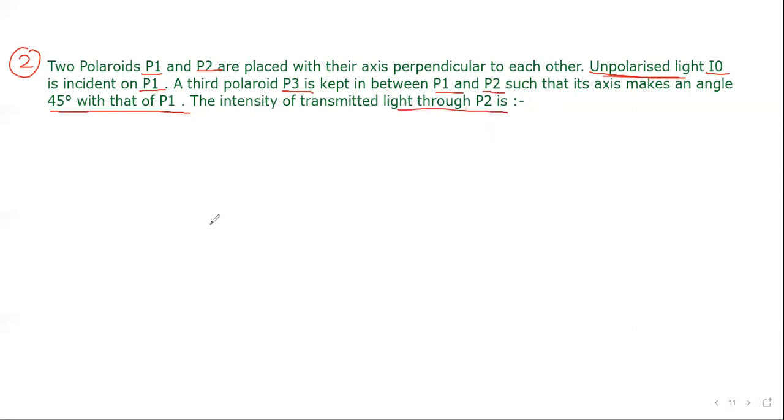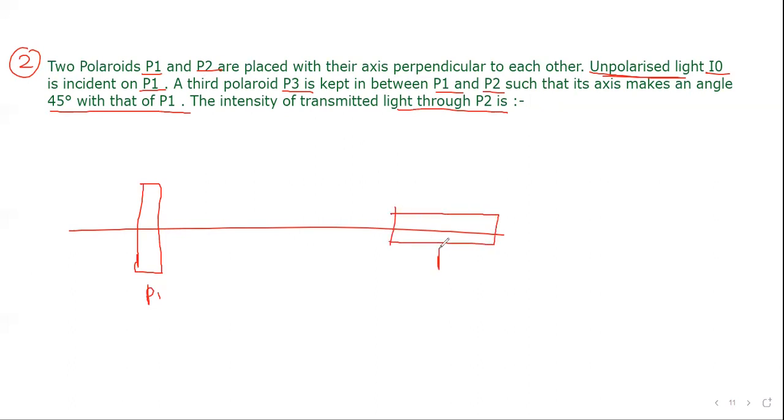Listen carefully. Let me draw the position. Suppose this is one polaroid, P1. Then the other, P2, is placed perpendicular, like that. Another polaroid, P3, is placed between them at 45 degrees with P1.